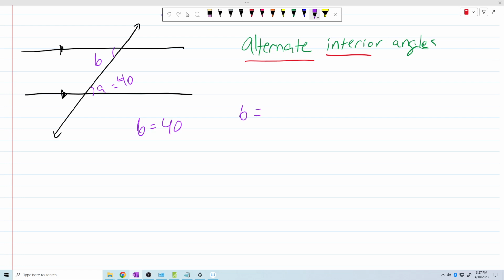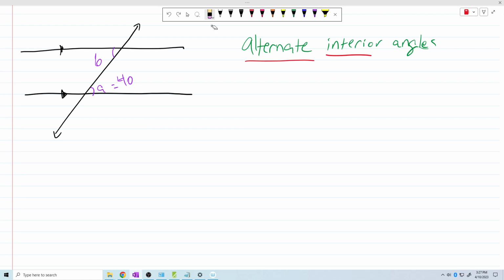If B equals A, B, which we don't know, but we do know A, that's 40, then here's what we have. B equals 40. You'll need to understand that for one, but also the problems aren't going to be that easy, guys. Okay, they're not going to be that easy.